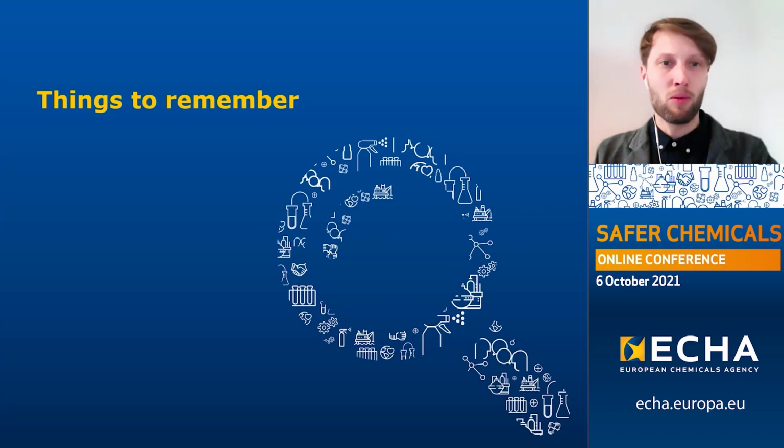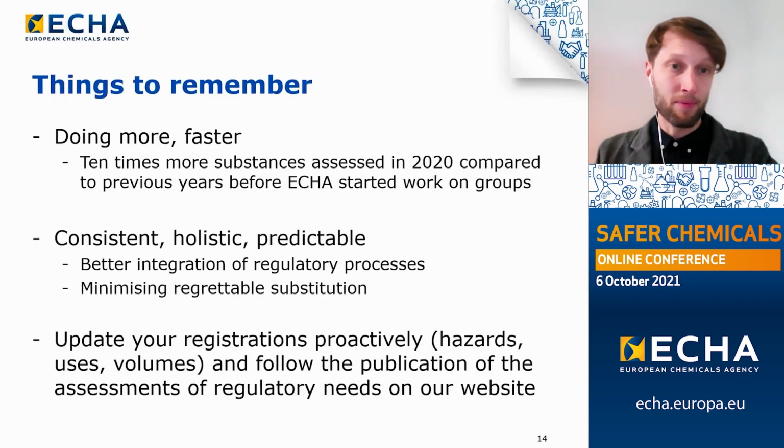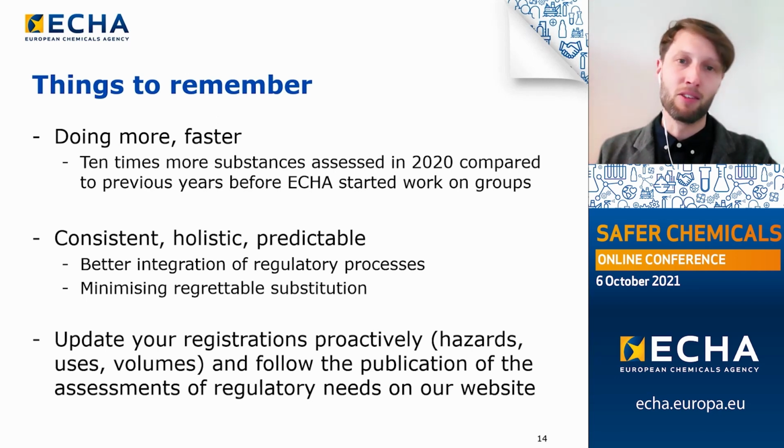Now, to take away from this presentation, like I said, we're doing more, faster compared to the previous years. We have assessed 10 times more substances in 2020 than in any of the previous years before. This has to do with ECHA dedicating resources into this. This enables us to be faster, to take evidence-based decisions, to identify many substances that can go directly to regulatory risk management.